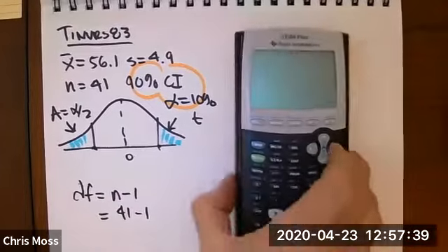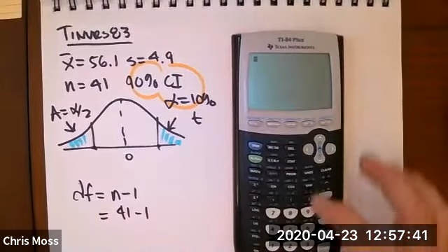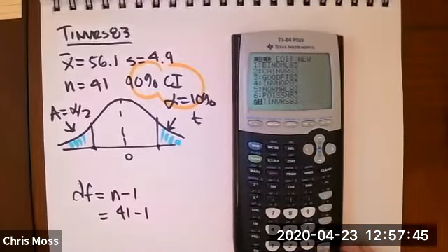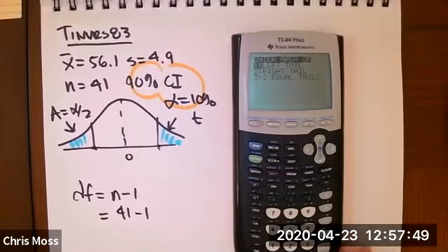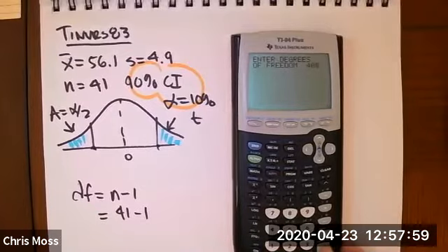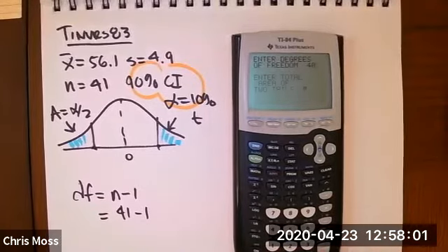Turn on my calculator, under Program, I find my T inverse 83. It'll work very much like the inverse normal program. I'll select two equal tails, but this time I get a question: what's my degree of freedom? Well, 41 minus 1, I can just plug in 40, or I can make the calculator do the subtraction.